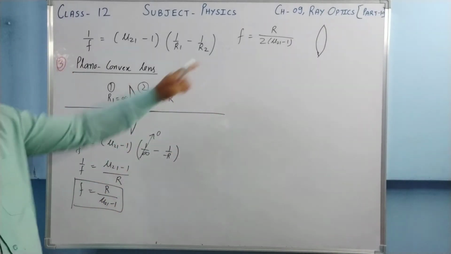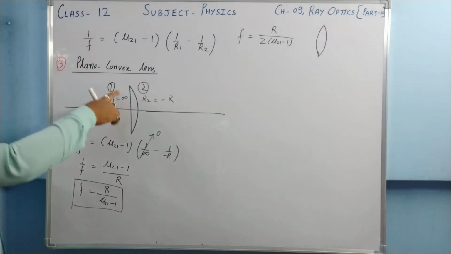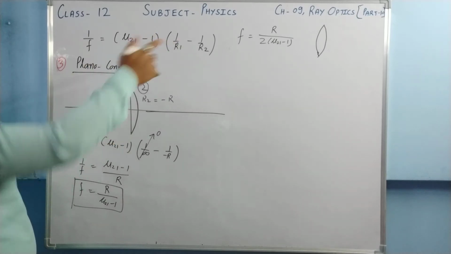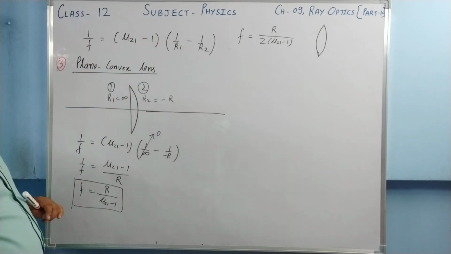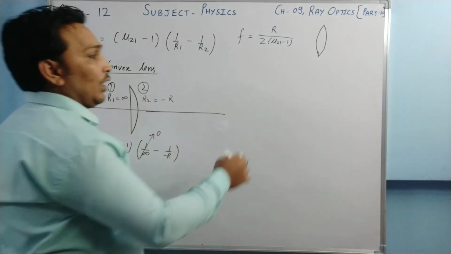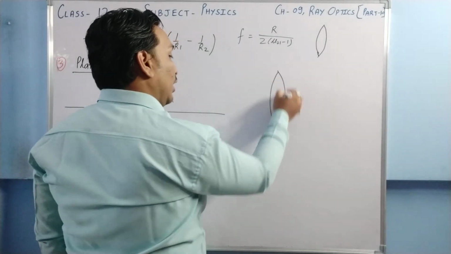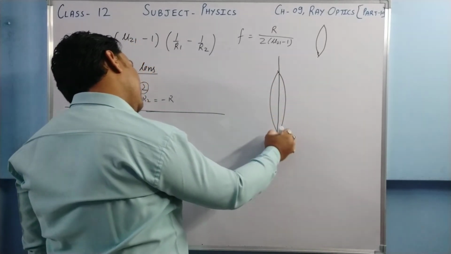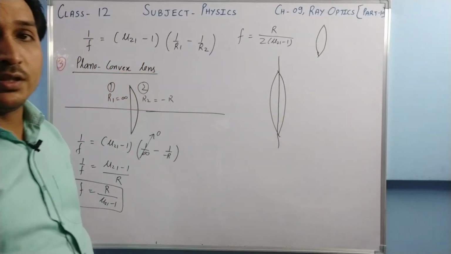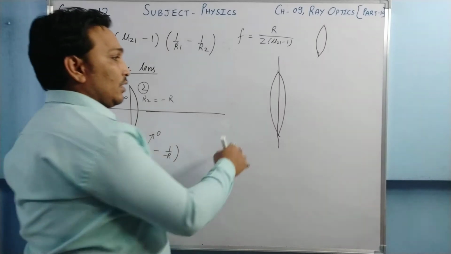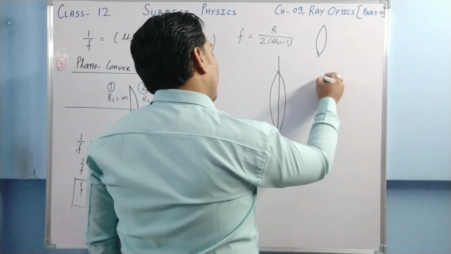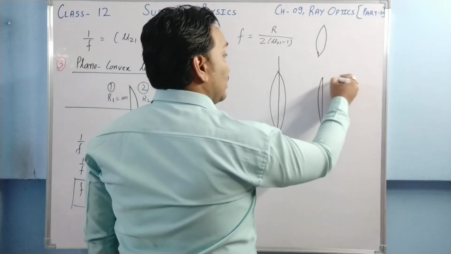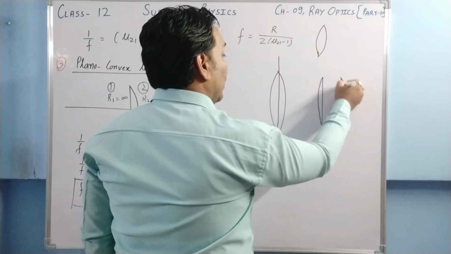It is just twice that. The focal length of a plano-convex lens is just twice the focal length of an equiconvex lens. So basically, if we take an equiconvex lens and break it into two parts, such that two plano-convex lenses are formed like this and like this.